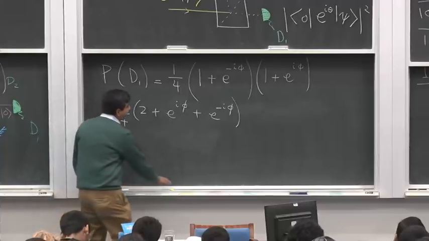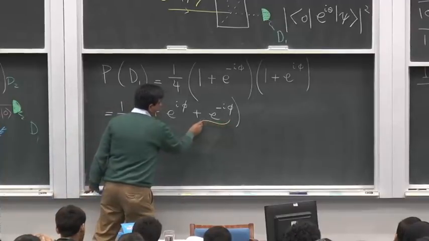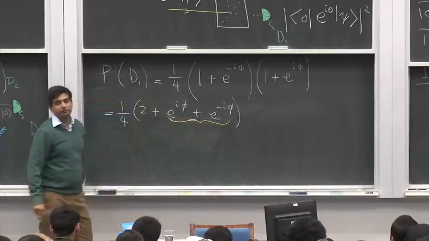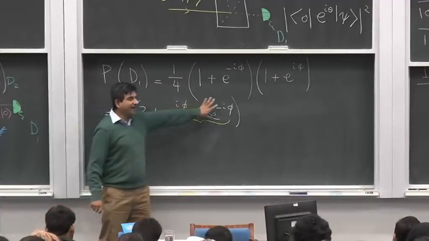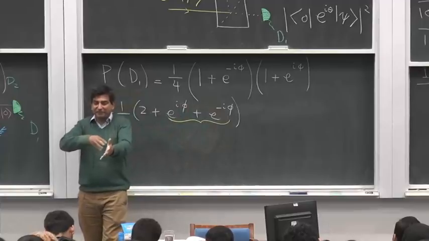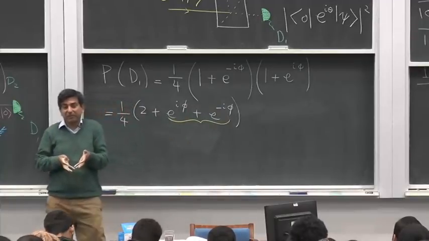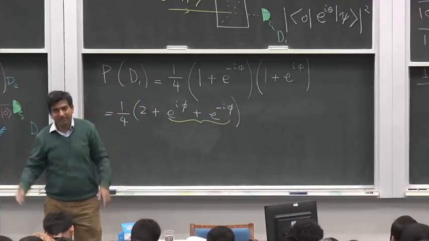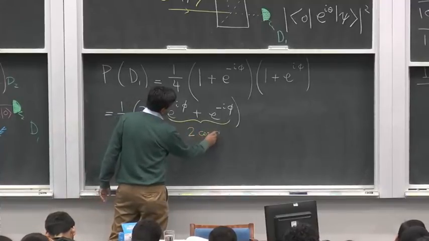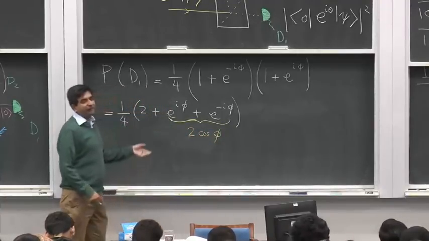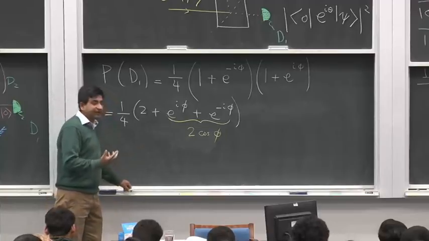Okay? Now what is this object equal to? Now this is a complex number added to another complex number which is its conjugate. It gives me a real number. And this turns out to be 2 cosine φ. Now you will have to remember things of this minor nature.